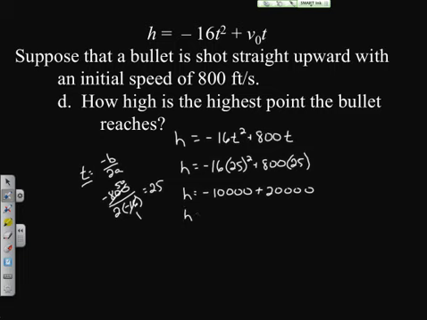All right, and when we add that up, we get 10,000. So 10,000 feet is the highest it's ever going to get to, and that explains why it never reached 2 miles, which was over 10,000 feet. But that's our answer to part D.